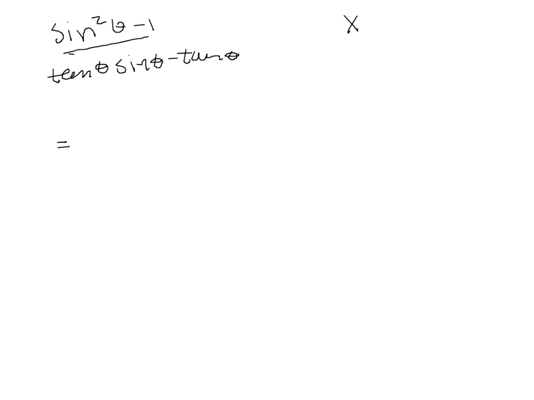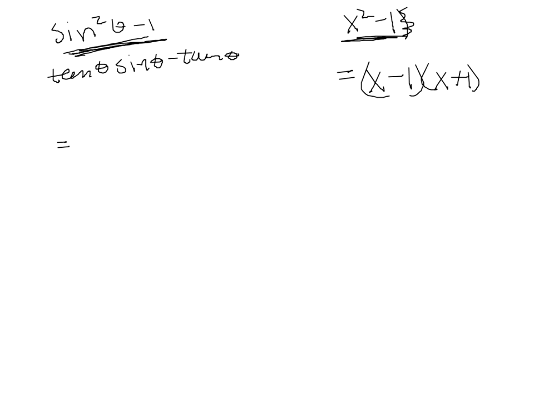So if you remember, x squared minus 1 can be rewritten as x minus 1, x plus 1, because that's the difference of squares. Well, here we have a difference of squares. So we can write that as sine theta minus 1 times sine theta plus 1.